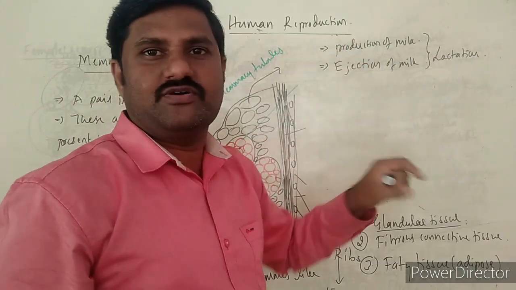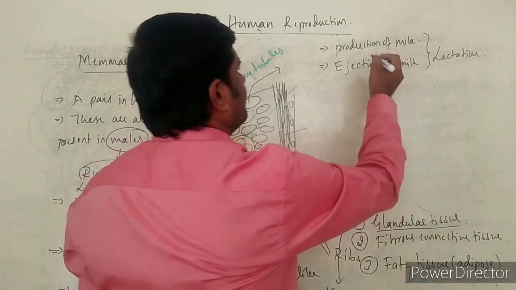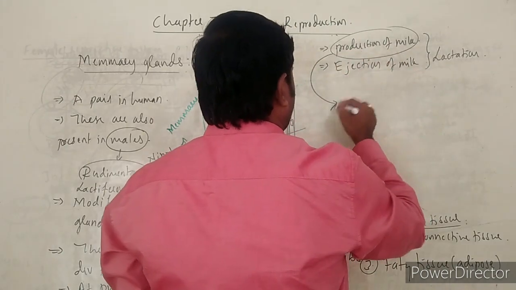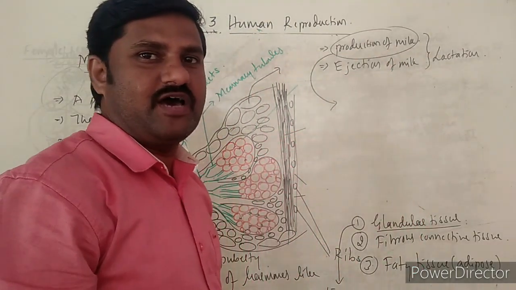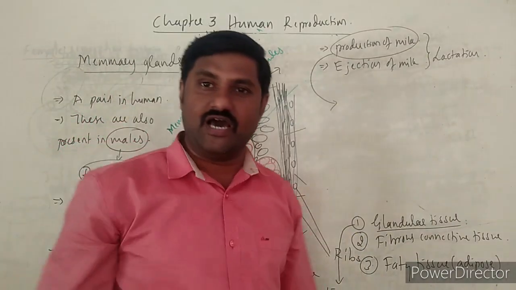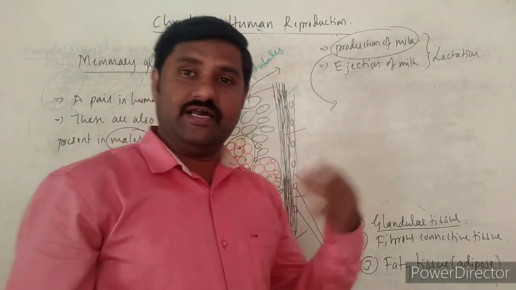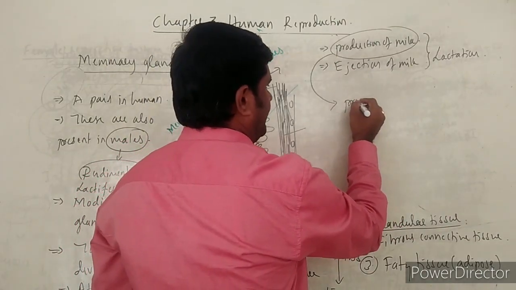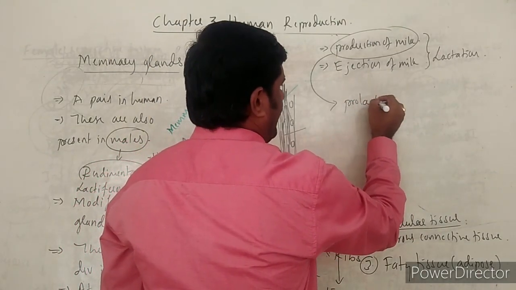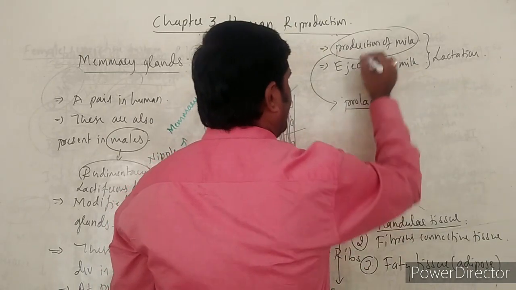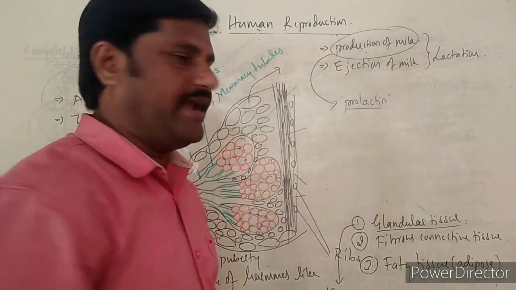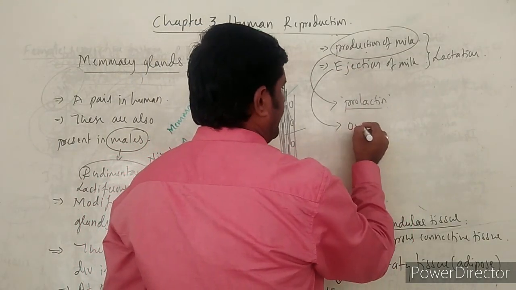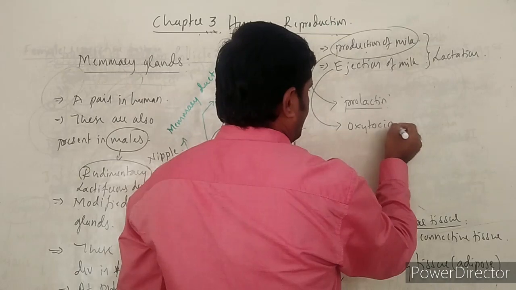So this is the process called lactation, and the production of the milk is stimulated by one of the hormones. Here we must remember the hormones. Last year we learned this hormonal action: prolactin. Prolactin is the hormone that helps in production of the milk in the mammary glands, and ejection of the milk is done by oxytocin.